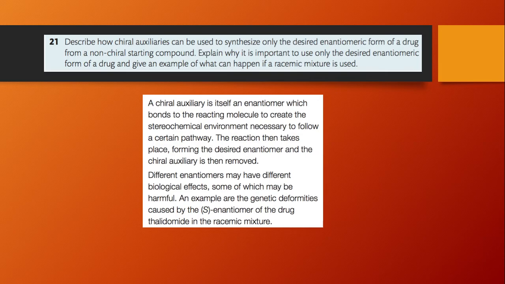So it also asks why is this whole process important, and what can happen if a racemic mixture is used. So different enantiomers can have different biological effects, some of which may be harmful. And one of the biggest examples was the genetic deformities caused by the S enantiomer of the drug thalidomide in the racemic mixture.